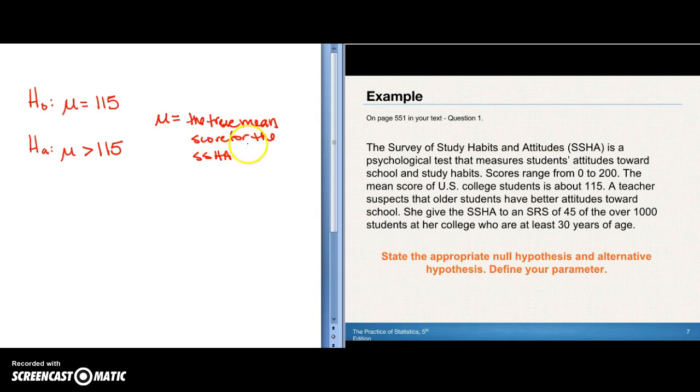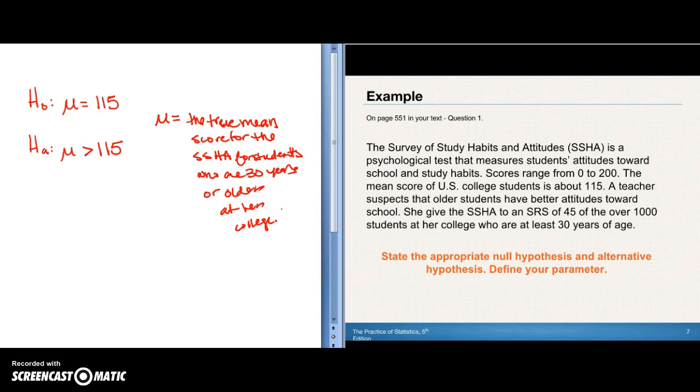So it's the true mean score for the SSHA for students, and again, you just be very specific. It's basically like you're looking at, well, who did she survey? For students who are 30 years or older at her college.